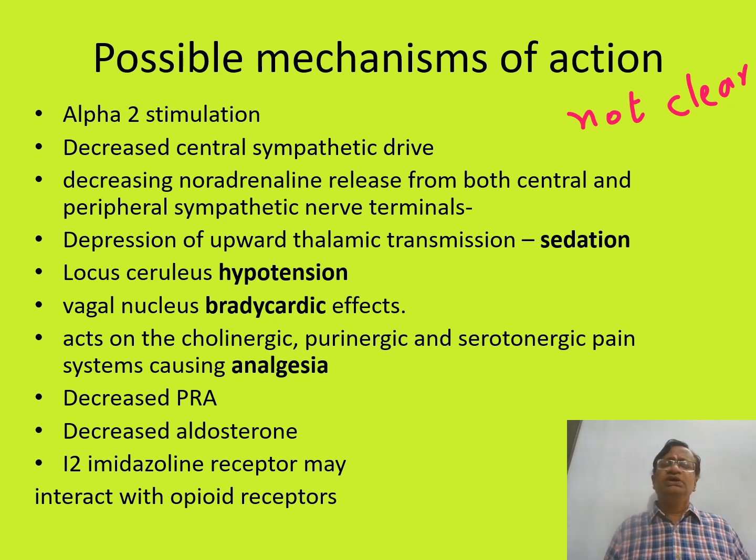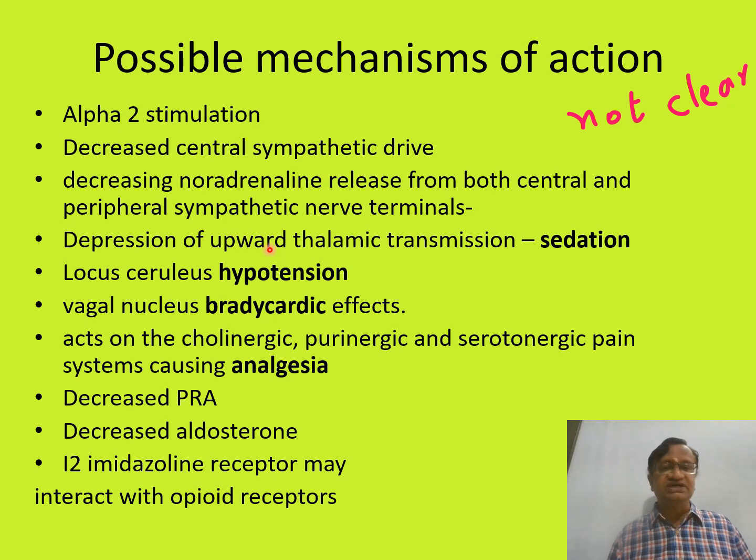Clonidine. Now we know that it is stimulating alpha, central sympathetic drive is decreased, so BP falls, there is sedation, all these things. There is a pulse rate fall. But is this the only mechanism? Decreased sympathetic drive and decreased noradrenaline. Yes, there may be a reduction of upward thalamic transmission.